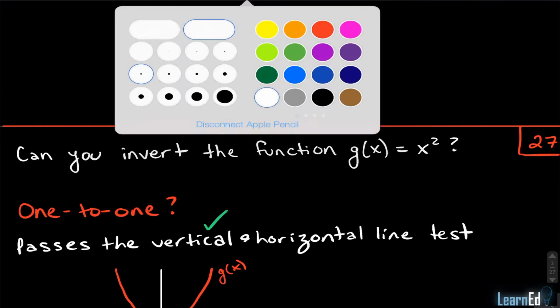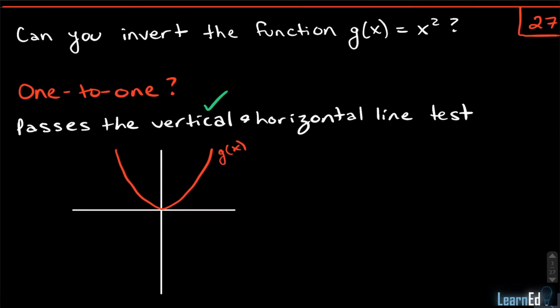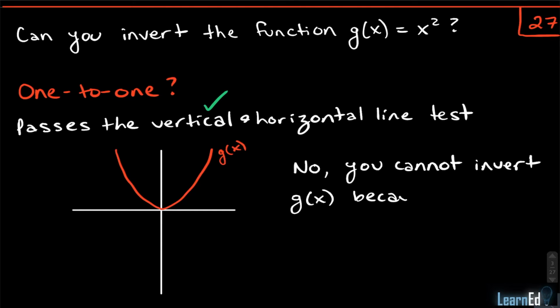And we can write that as, no, you cannot invert g of x because it is not 1-to-1.